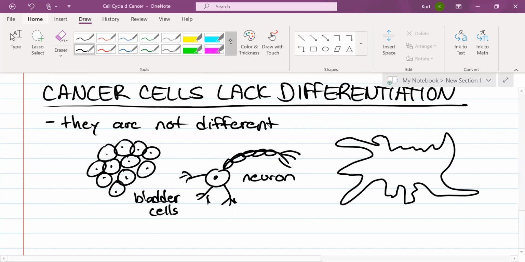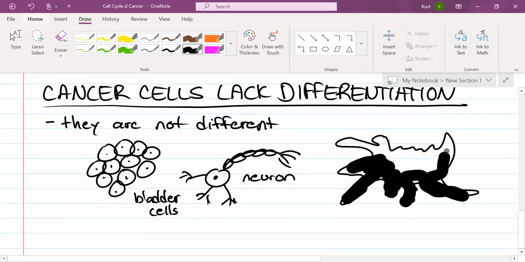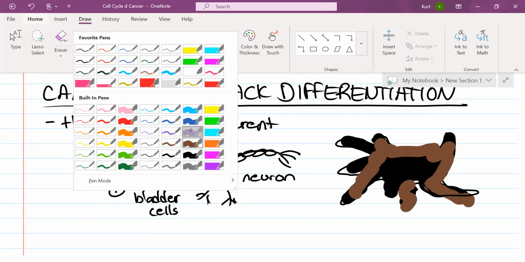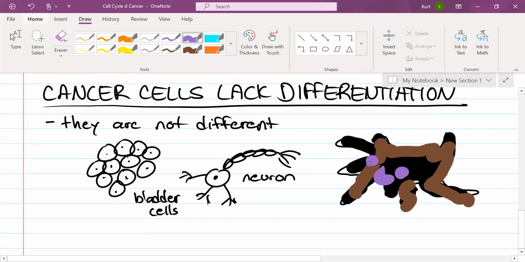I mean, the heck is that thing? They're non-differentiated. You really can't tell the difference from a breast cancer cell, from a brain cancer cell, from a heart cancer cell, to a stomach cancer cell, to a bone cancer cell. They're all just weird.